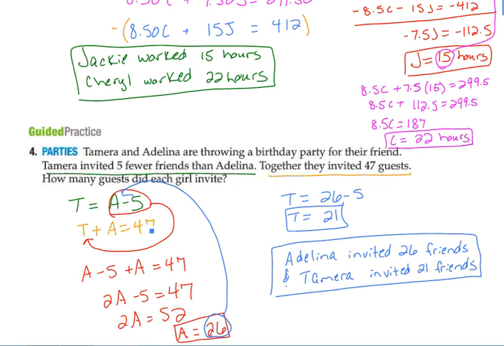Now, again, with this being the third strategy of how to solve these, I saw right away that this is actually solved for T. So instead of solving for elimination, I'm going to substitute. So I substituted a minus 5 in for T. So I have a minus 5 plus this a equals 47. With that, I found out that Adelina invited 26 guests. Then I know that Tamra had 5 fewer guests, so Tamra invited 21 friends.